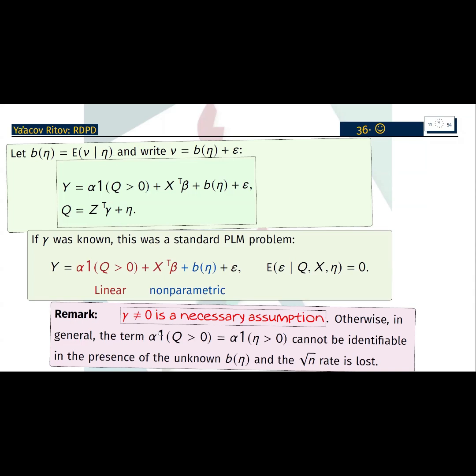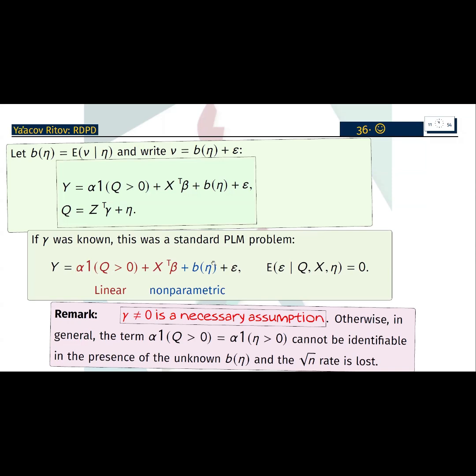If gamma is equal to zero, Q equals eta, here I have Q. Therefore, this is a function of eta, this is a function of eta, and alpha looks unidentifiable because I have to break the function of eta into two parts, one of them attributed to y and one not.